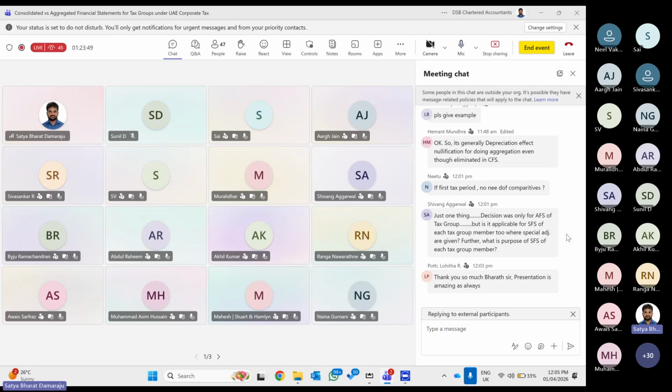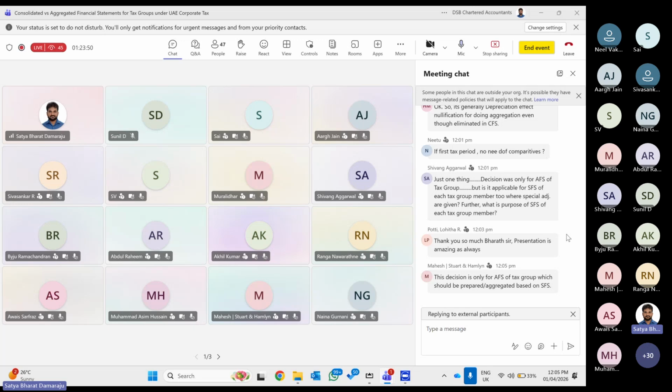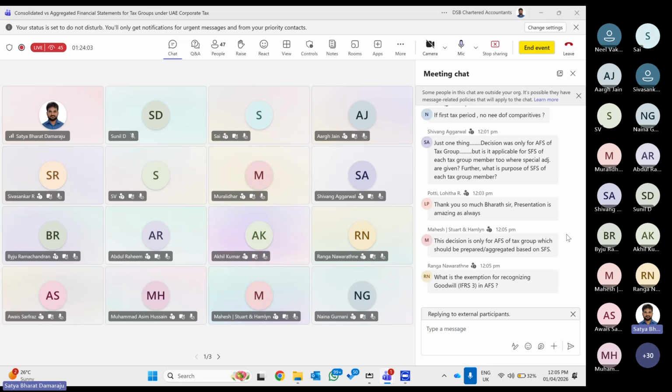No, the decision was only for AFS. No, the decision they are covering, Ministerial Decision number 301 and FTA Decision number 7, both are covering SFS and AFS, not only AFS. This decision is for AFS of the tax group, which should be prepared on an aggregate basis. No, sorry. For SFS also they have commented how the SFS is to be prepared.